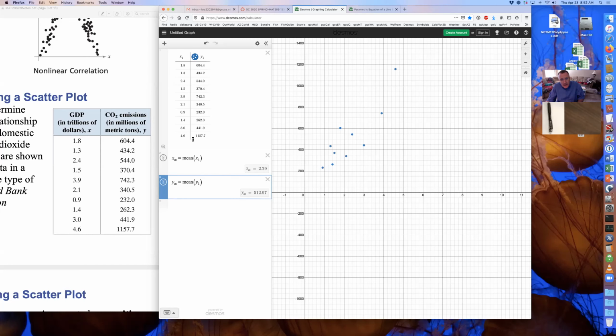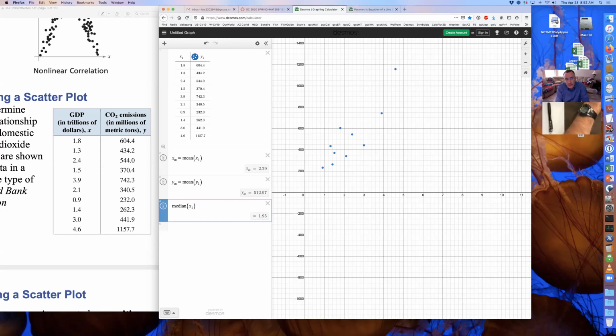Notice that now we have two lists, or two variables. So we can ask all of the questions that we did back in chapter 3 about statistical measures for each of these variables. We can find the mean of the x's, we can find the median of the x's, we can find the mode of the x's, and of course we could just keep doing that here in Desmos.